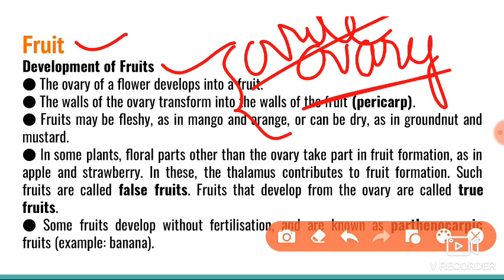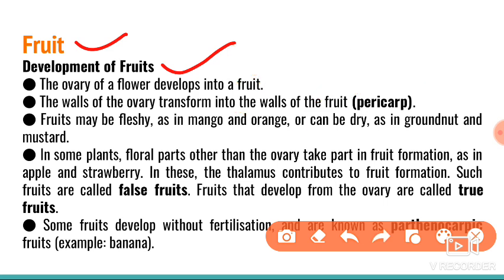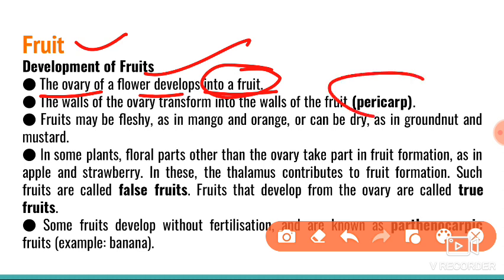These two occur simultaneously. Here the ovary of a flower develops into a fruit. And one term given here is pericarp. The development of the seed and the development of the fruit start simultaneously.